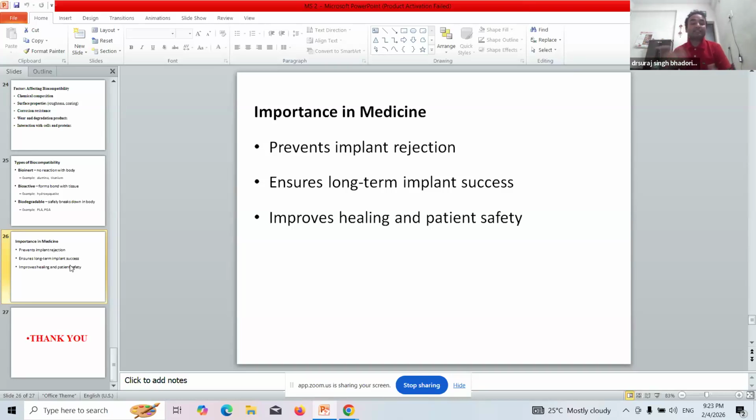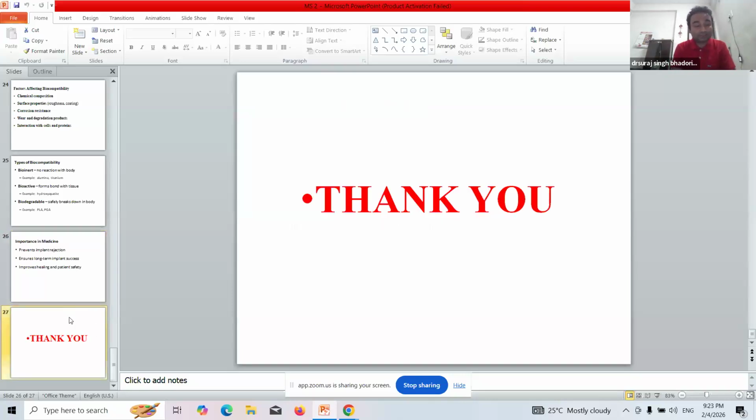But again, in the next session, we will discuss the preparation of a smart particle, how it is synthesized by different enzymatic action, by different chemical and mechanical action. So in the next lecture, we will discuss the synthesis of nanomaterial. So this is all about today's presentation.